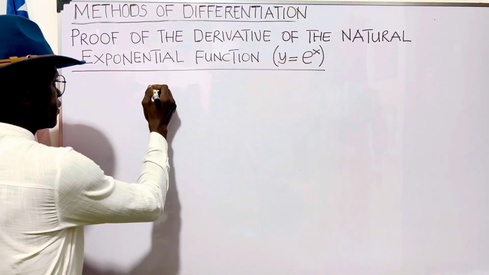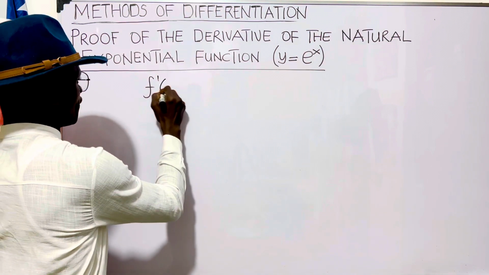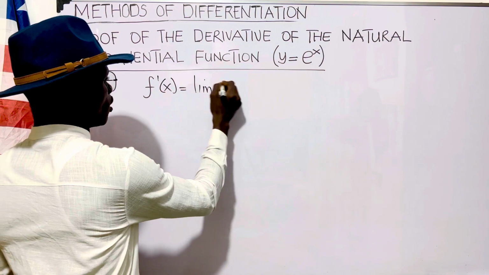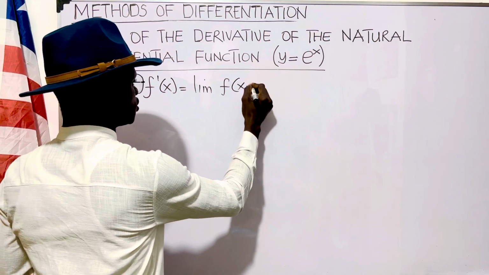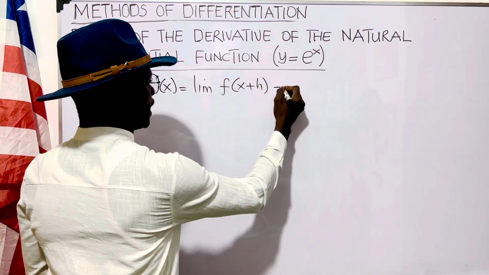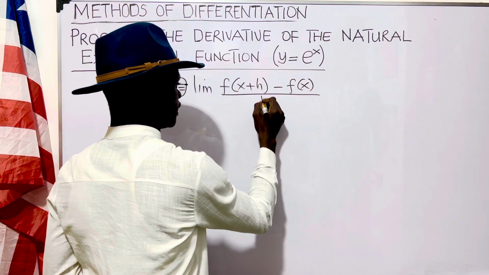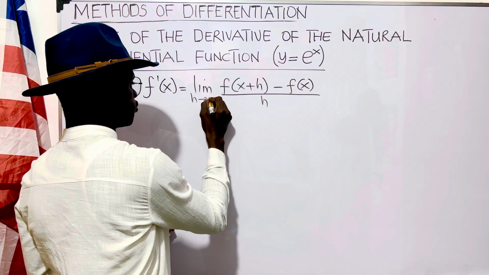So we know that the first principle of derivative is f prime of x equals the limit of f of x plus h minus f of x divided by h as h is approaching 0.